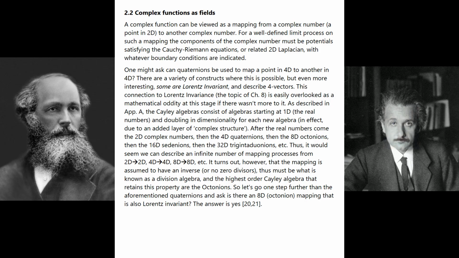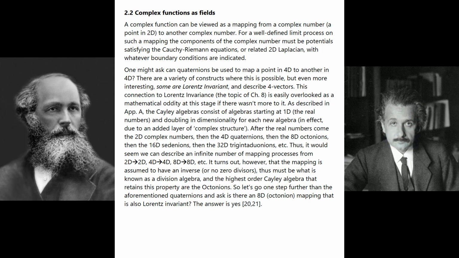One might ask, can quaternions be used to map a point in 4D to another in 4D? There are a variety of constructs where this is possible, but even more interesting, some are Lorentz invariant, and describe 4-vectors. This connection to Lorentz invariance, the topic of Chapter 8, is easily overlooked as a mathematical oddity at this stage if there wasn't more to it.